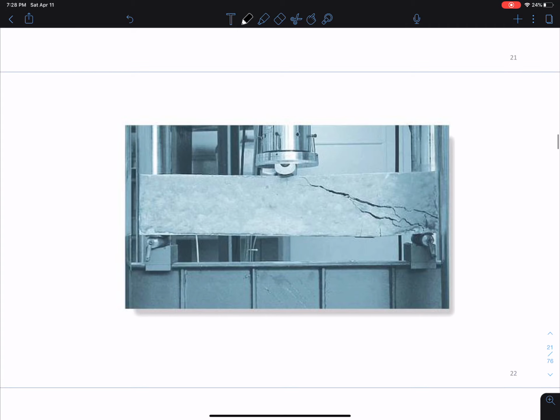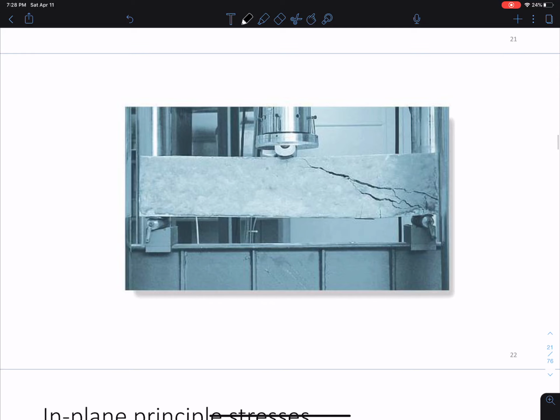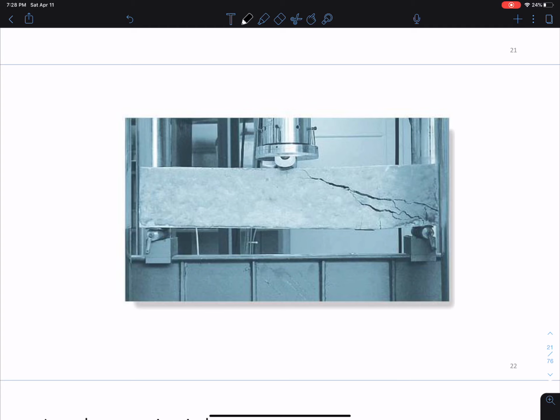And here we have a picture. This corresponds to the whole topic, not just to where we are now. This is a concrete beam, and we see cracks in this beam. They're very prominent, and these are caused by tension stress. Even though this beam was subject to both internal moment and shear, the cracks here are caused by tension stress, and we can use those stress transformation equations to predict the direction of these cracks.